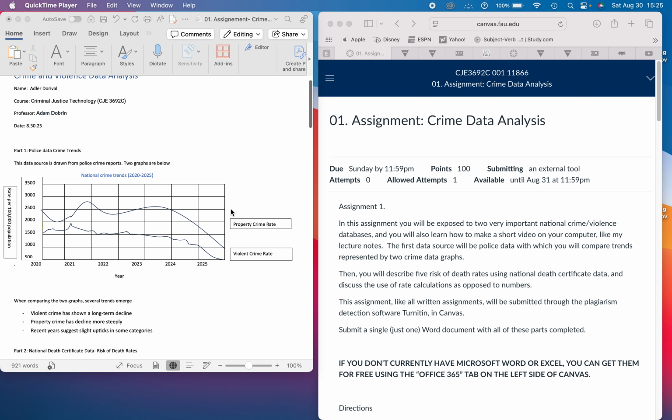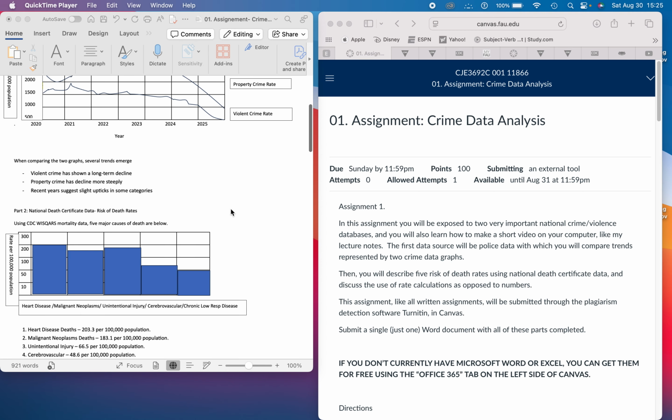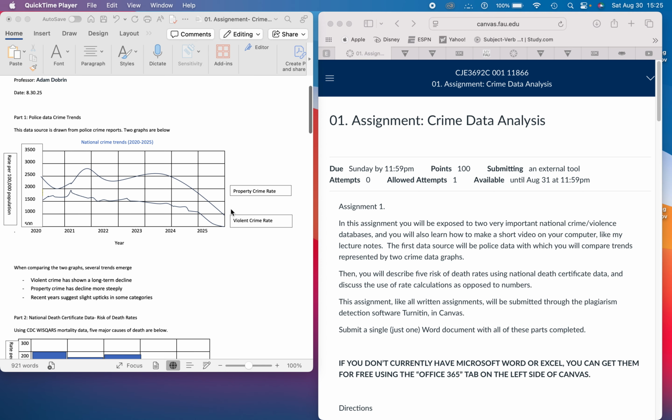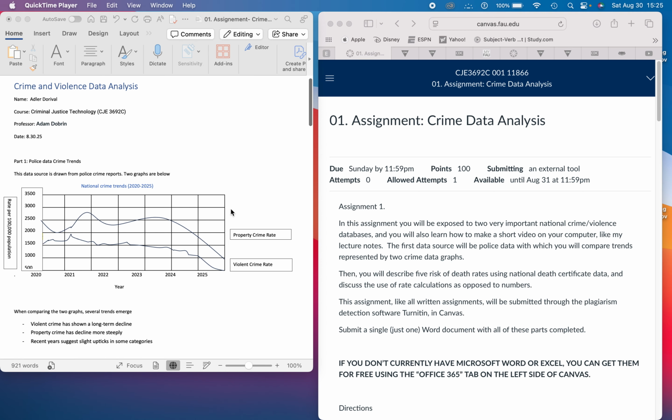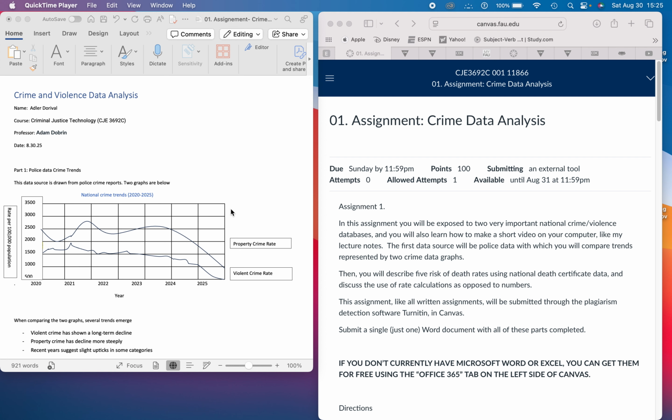As you can see in the left columns, we have two graphs, and first I'm going to be talking about the first one, which is the national crime trend from 2020 to 2025. What I'm going to be talking about is the property crime rate and violent crime rate.